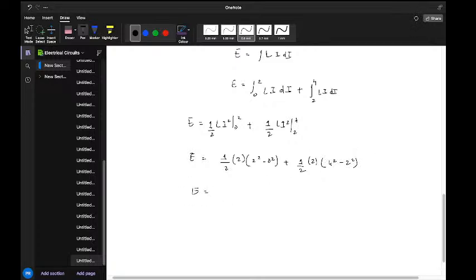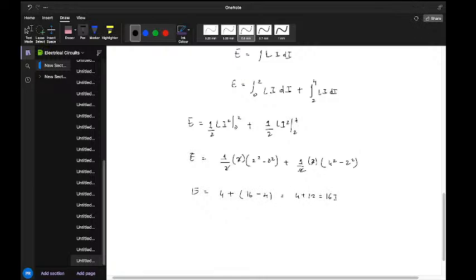You can cancel these 2s, so it's 4 plus 16 minus 4, so 4 plus 12.